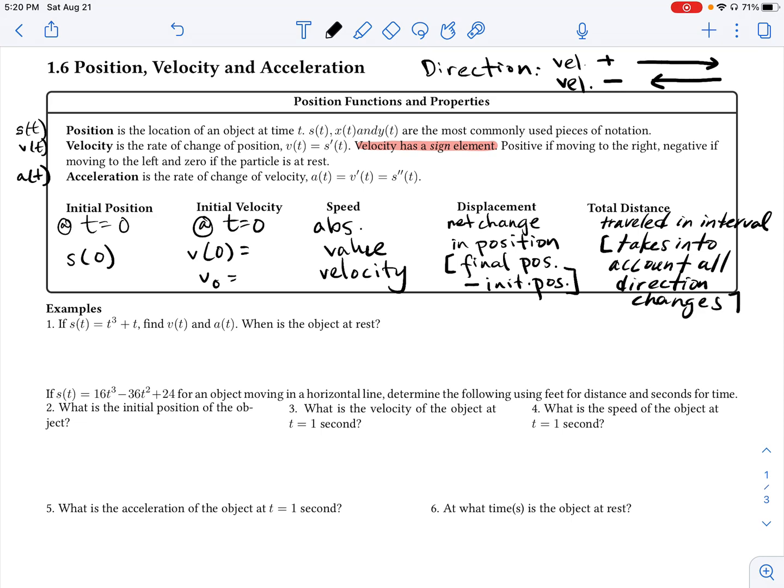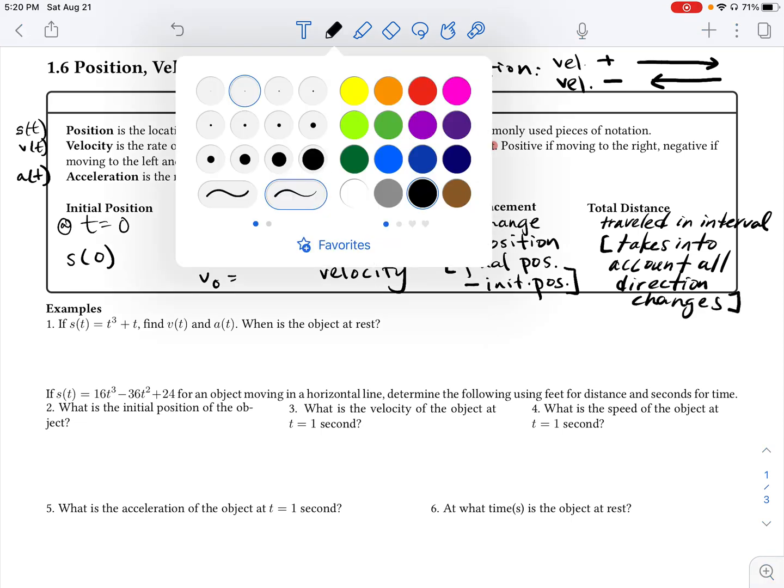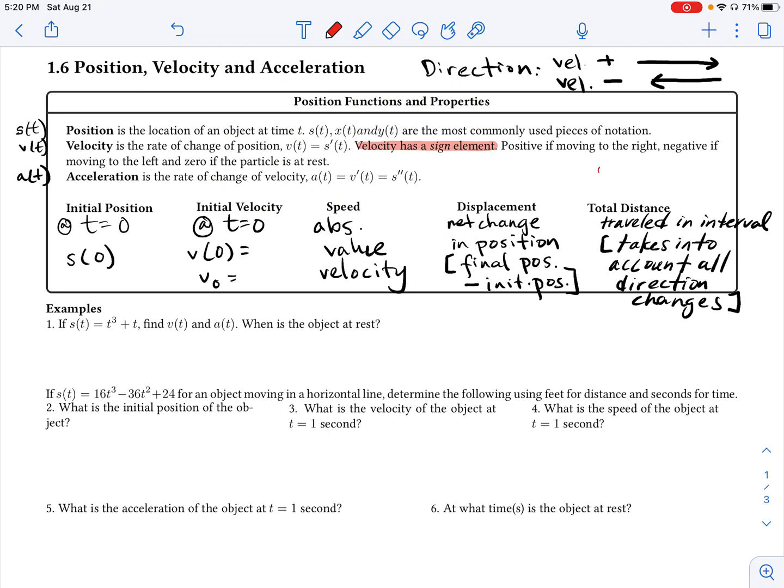So just real quick, there's a very basic example. Suppose an object had a positive velocity, so it moved to the right, let's just say 3 units. And then after a given amount of time, it then moved back 4 units. We would see here that the displacement of this object is -1. 3 minus 4 is -1, right?